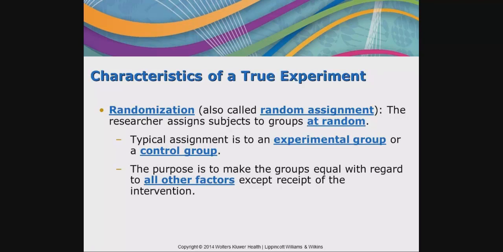All right, other characteristics of a true experiment includes randomization. Well, what this basically means is that every subject has an equal chance of being included in the experimental or the control group. Now think about that. Every subject has an equal chance of selection into the experimental group or control group.